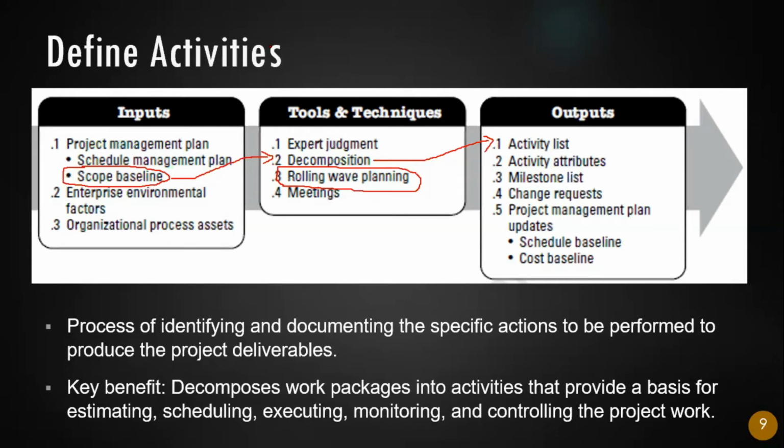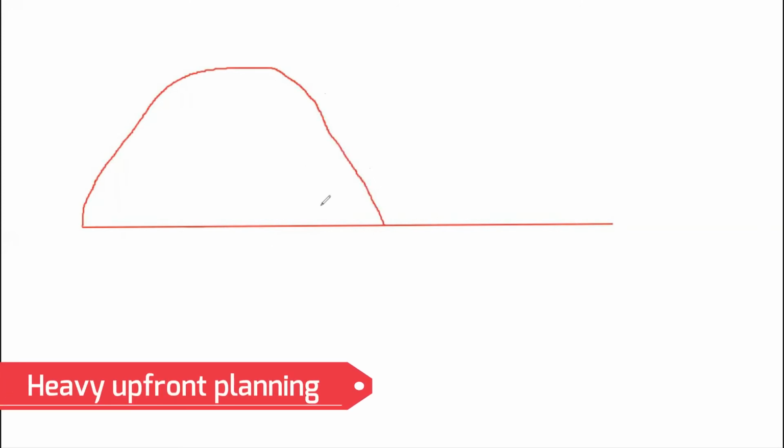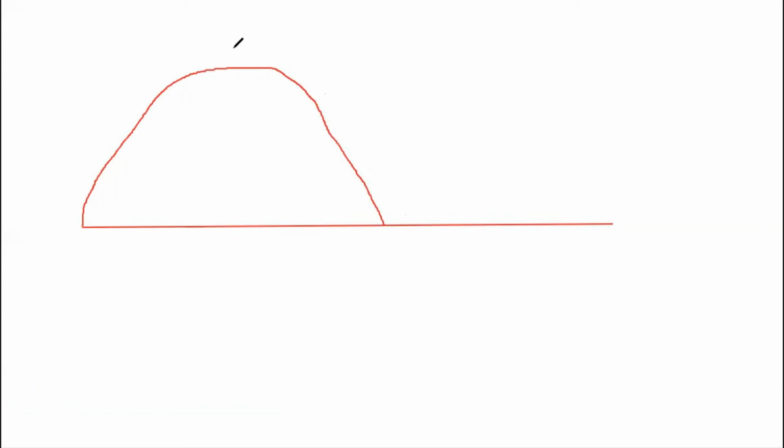To show you in a picture form how it normally looks, let's say this is the timeline, right? Now you start the planning, and in a predictive life cycle you spend a lot of effort upfront to capture the work and do the planning, like a mountain. But as I say, it may be only for 90% of the work. You may not have information for a small portion, let's say 10% of the work.